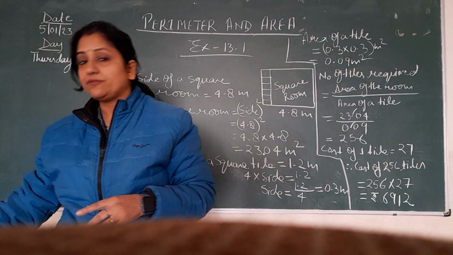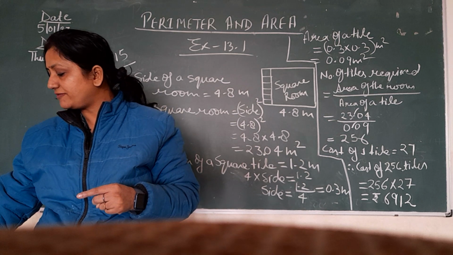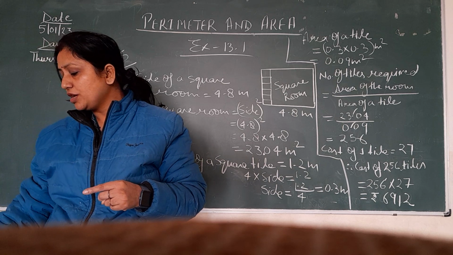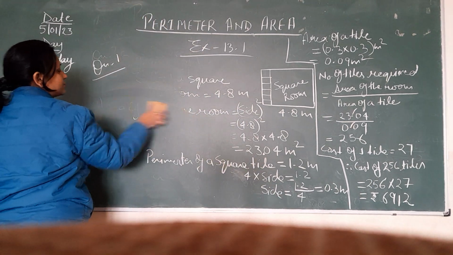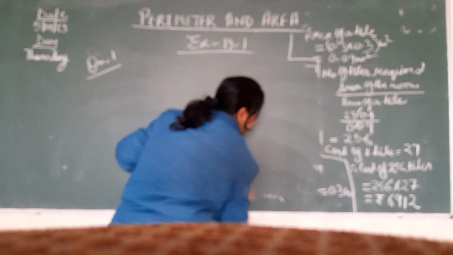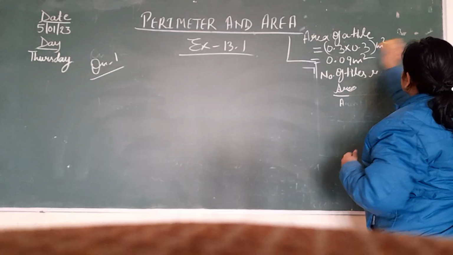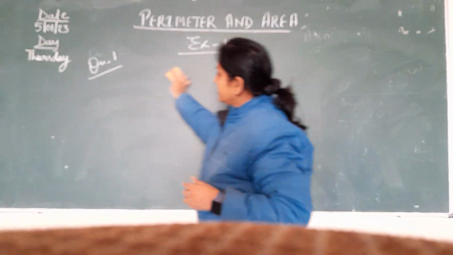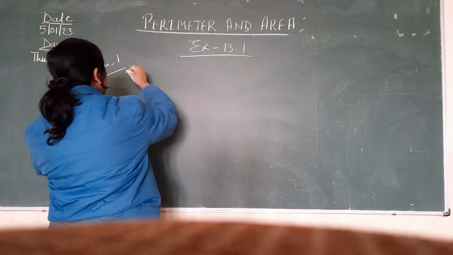Two parts are given. We have to find the length of the plot, and the second part is the cost of leveling the plot at the rate of 7.6 per meter square. So first of all I'll show the figure to explain this question again. In this type of question, first of all you will draw the figure, which is very important.